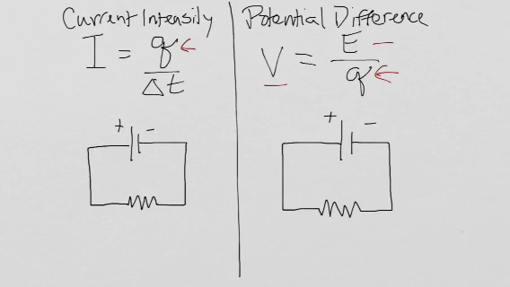So the energy is leaving the power supply, which is right here, traveling through this, going into this little resistor. The resistor's doing something, and then it comes out the other end of the resistor and keeps going back to the power supply. That is the loop that is created in a circuit.